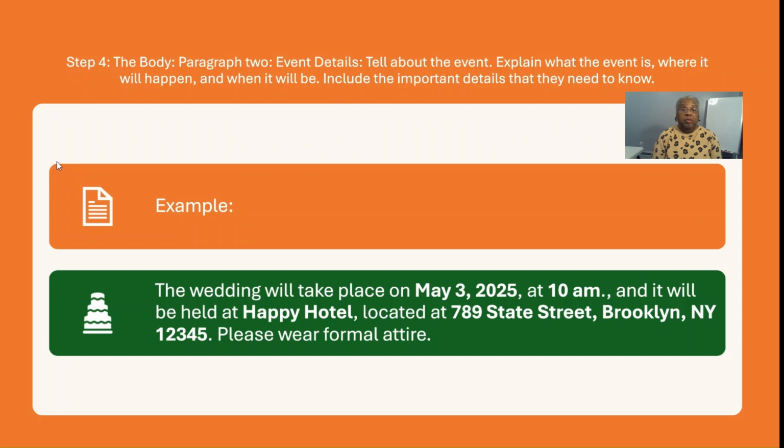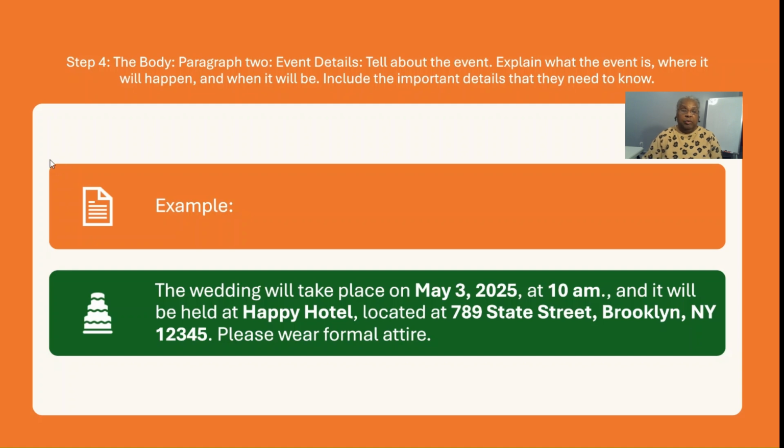Step 4, the body continues. Write about the event details. Tell about the event, explain what the event is, where it will happen, and when it will be. Include the important details that they need to know.